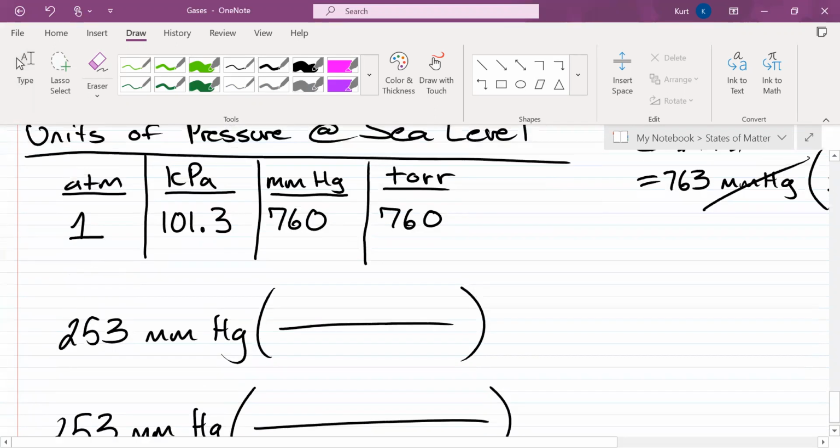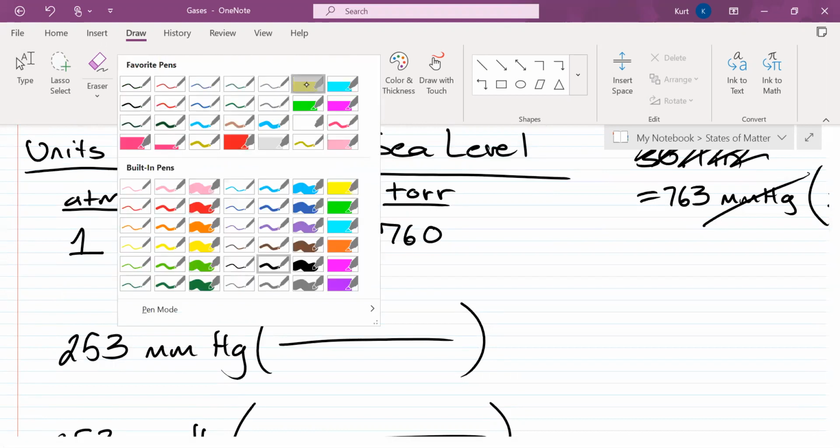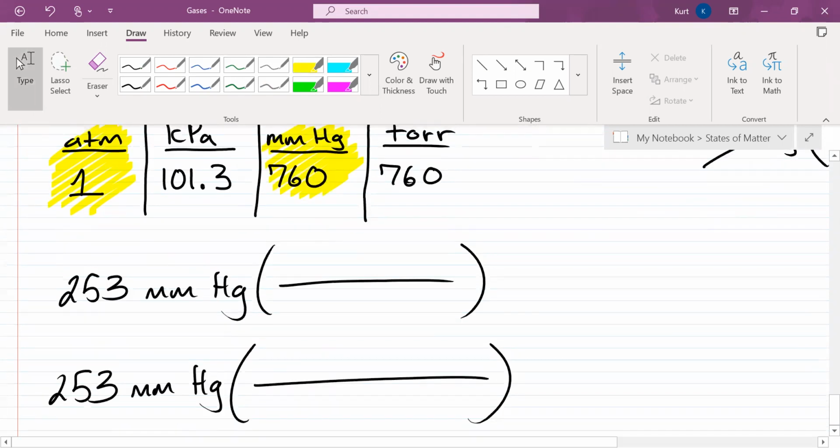So what is the conversion between atmospheres and millimeters of mercury? So 1 atmosphere is equal to how many millimeters of mercury? That's the conversion. So where do you want to put the 760 millimeters of mercury on this conversion table? On the bottom.